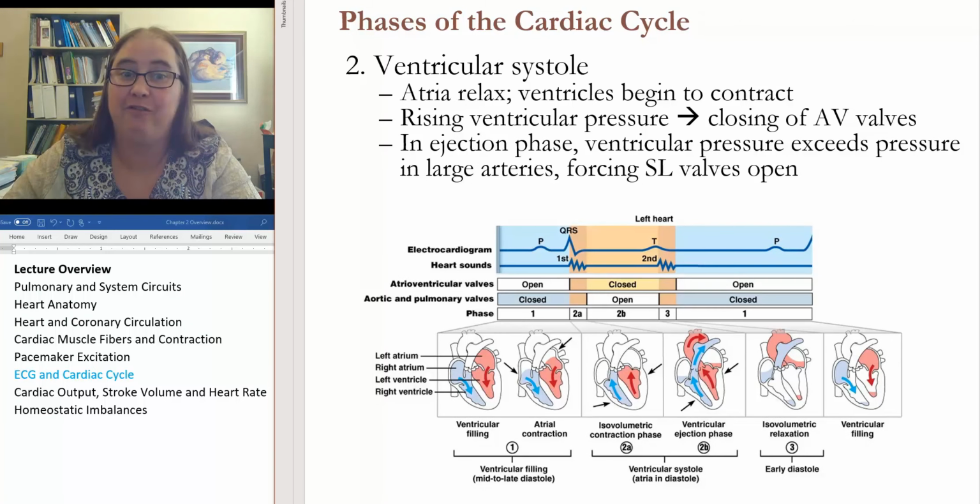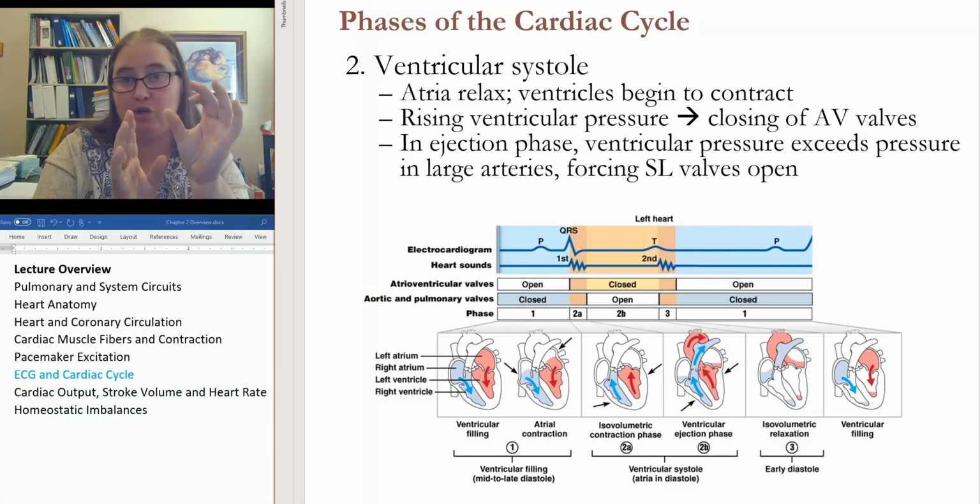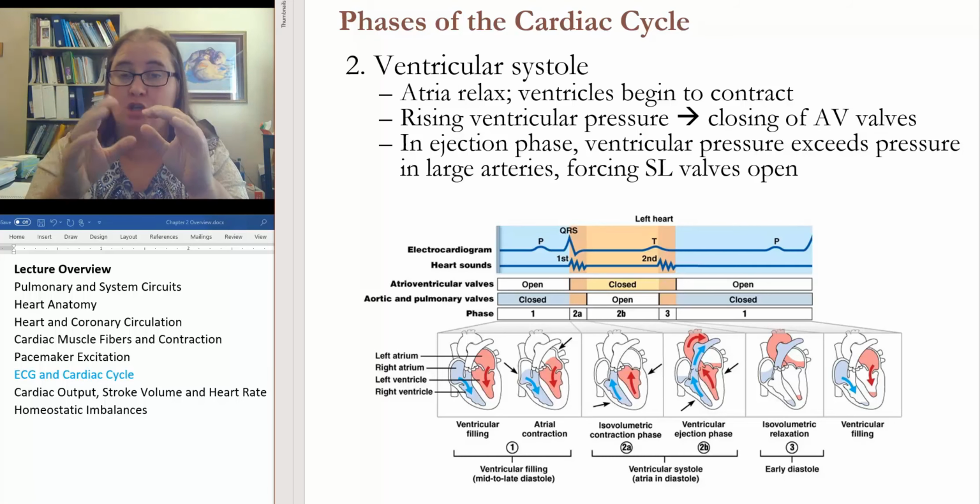So our AV valves are closed, but there's a period in time in which the pressure inside the ventricles is not greater than the pressure in the great vessels. It's actually not quite strong enough. We don't have quite enough pressure to overcome the pressure in the aorta or the pressure in the pulmonary trunk.